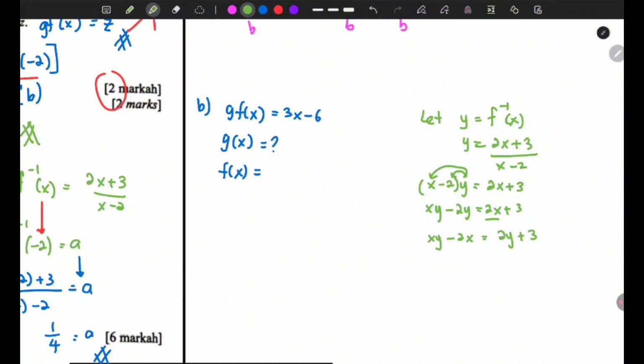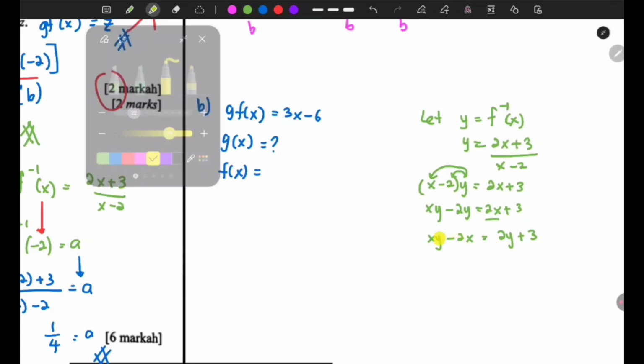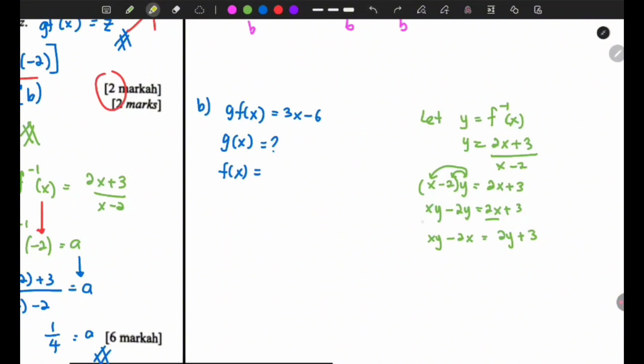And here you see one common thing. When you put x together, you will see that there is a common unknown there. So what you can do is factorize. You pull out the x. So from the xy you pull out the x, you are left with y.